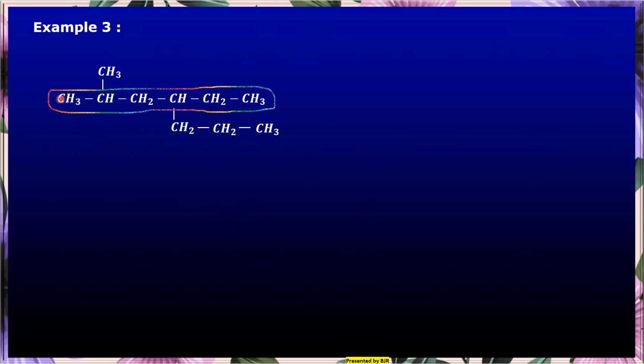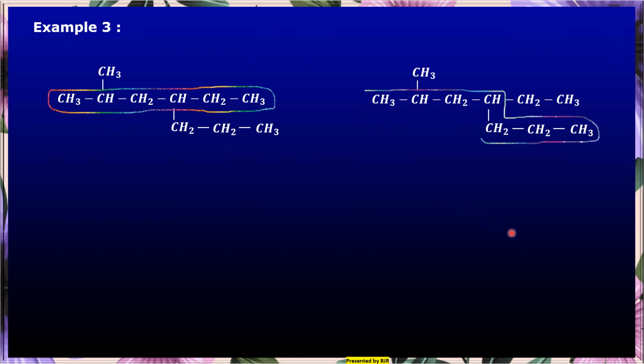If I select this as the parent chain, it contains only 6 carbon atoms. Instead, in the same molecule, if I select this as the longest chain of carbon atoms, then it contains 7 carbon atoms. So this is the wrong selection of parent chain, and this one is the right selection of parent chain in this molecule.